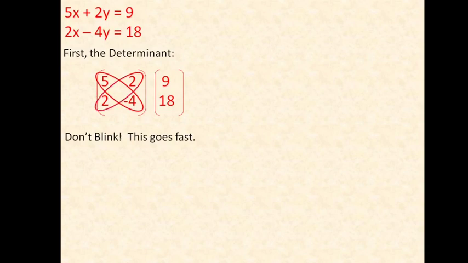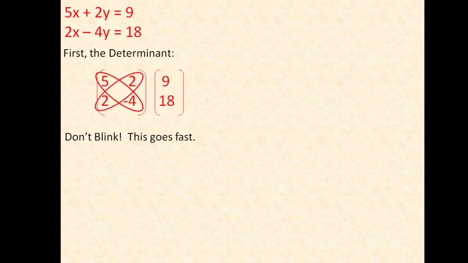You will cross multiply. 5 and minus 4 will multiply together, and 2 and 2 will multiply together. If I label them, 5 is A, this is B, this is C, this is D. So here we are actually multiplying A and D together, and B and C together.